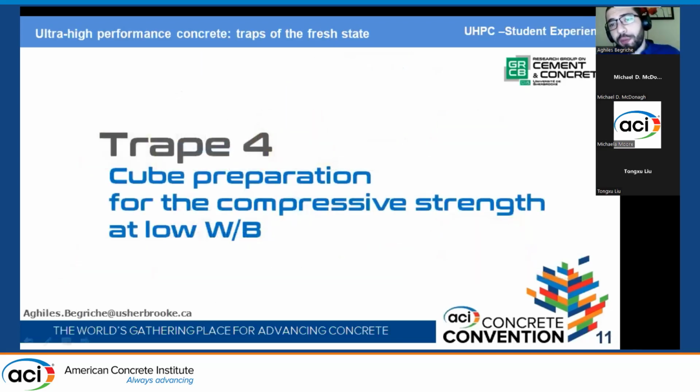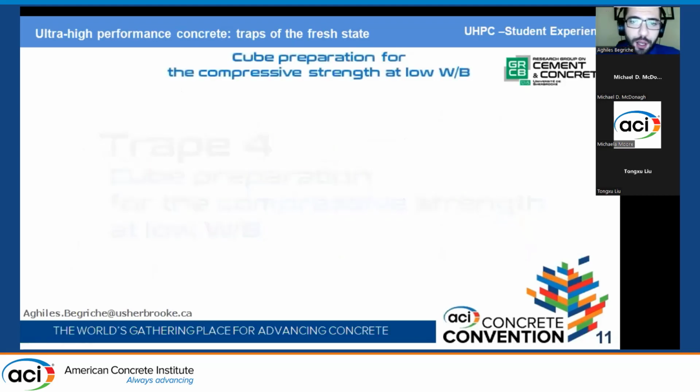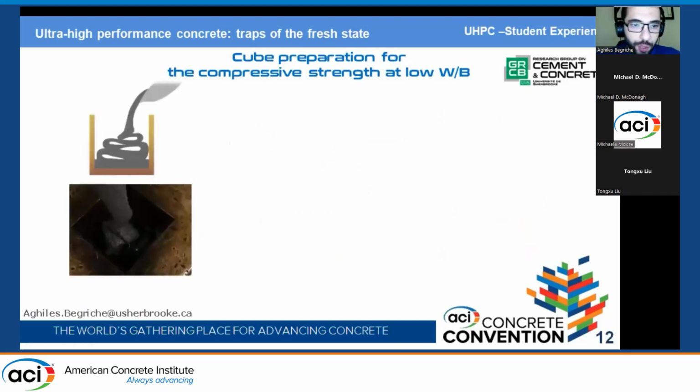Concerning the preparation of the cubic samples for compressive strength tests, the behavior of the material during casting in the molds induces air trapping, as we can see in the video.